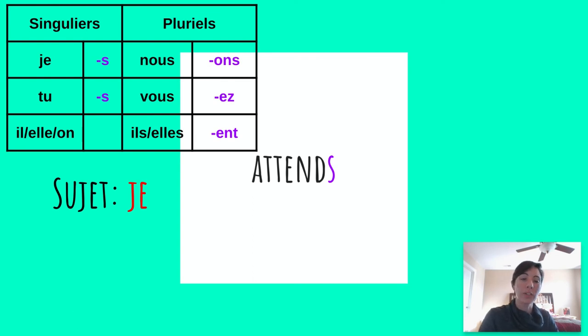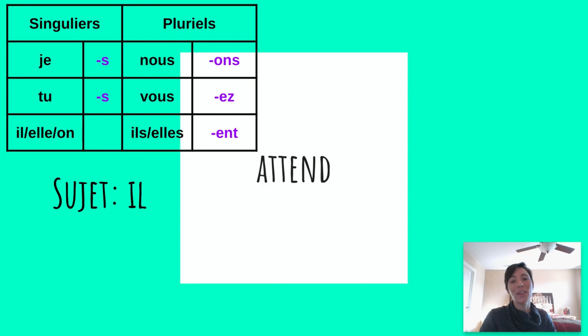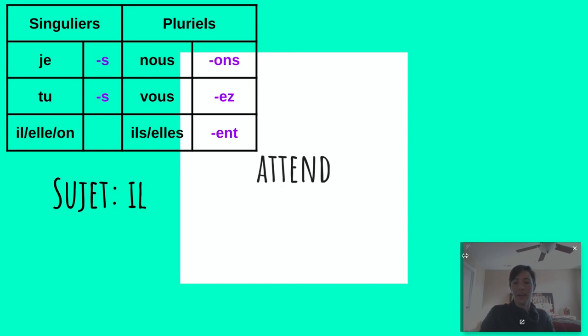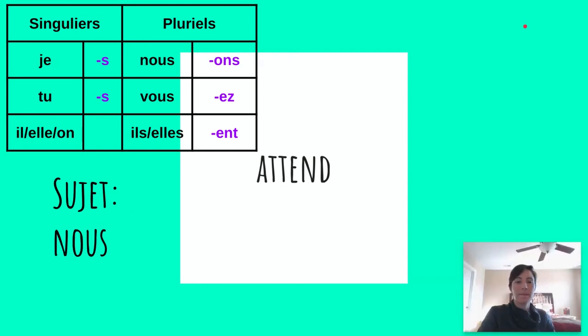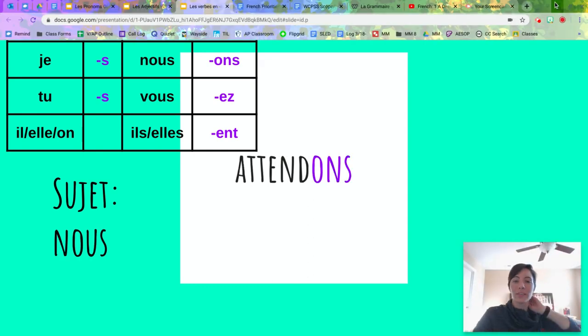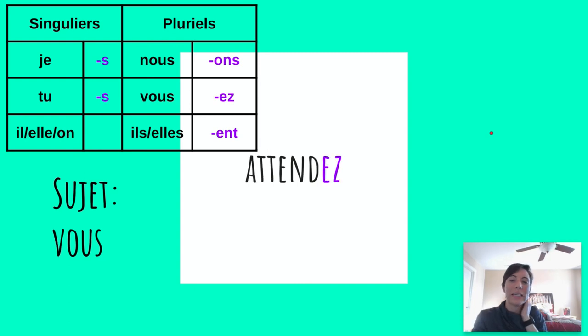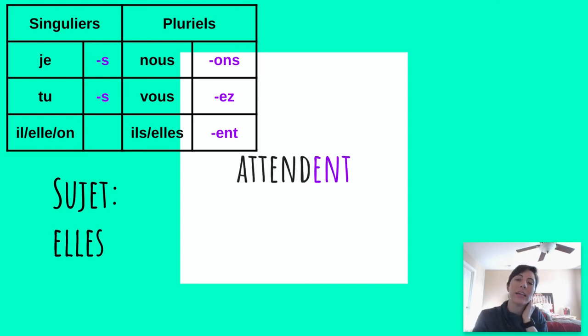I'm going to do a J apostrophe, and it's going to be j'attends. Don't forget that step. For tu, I'll add an S. Il, elle, or on, singular, nothing. I do nothing. Remember, there's nothing here. Then if it's nous, ONS; vous, EZ; ils or elles plural, ENT.